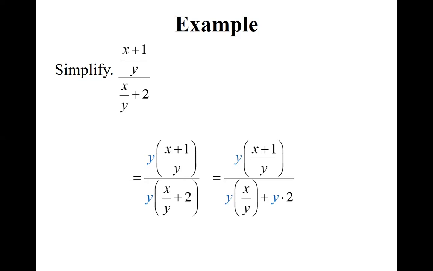So both terms get multiplied by y. We didn't actually see that step in the last problem. We did it, but we didn't see it. Now things cancel. On top, the y's cancel, leaving us with just x plus 1. On the bottom left, the y's cancel, leaving us with just x. And the bottom right, y times 2 is 2y.